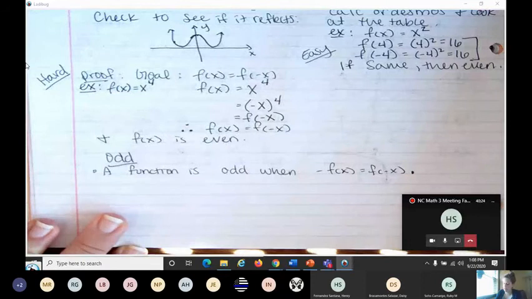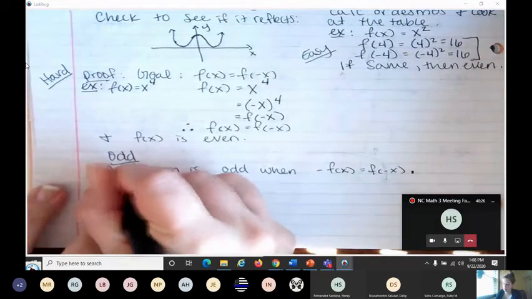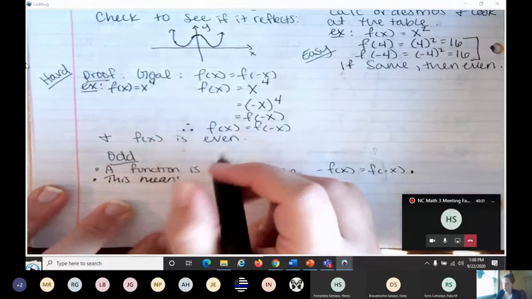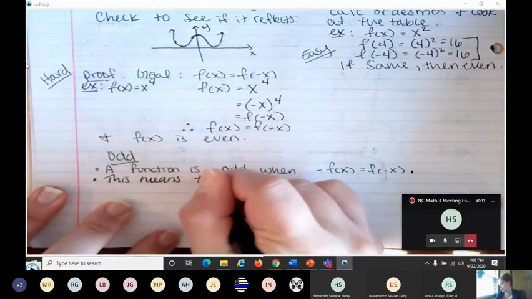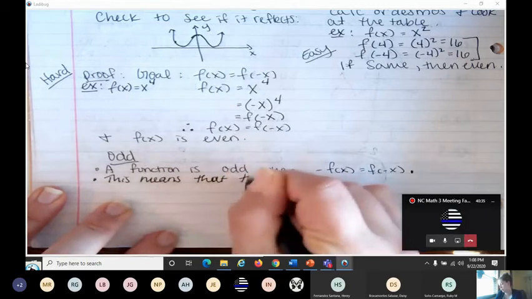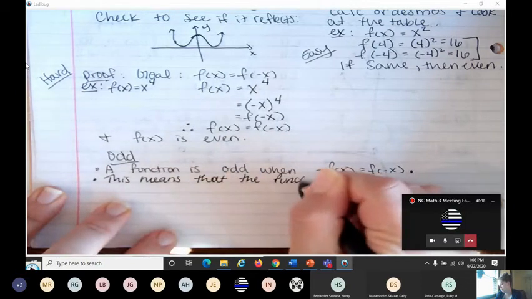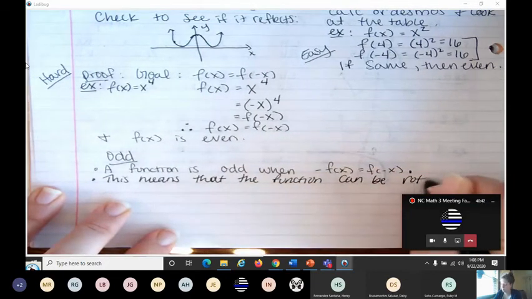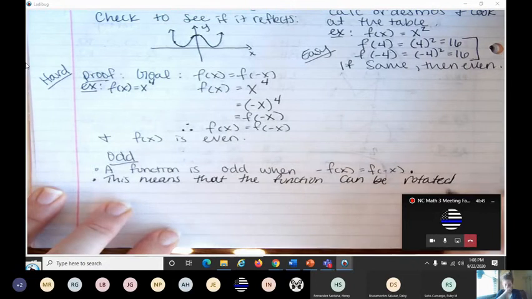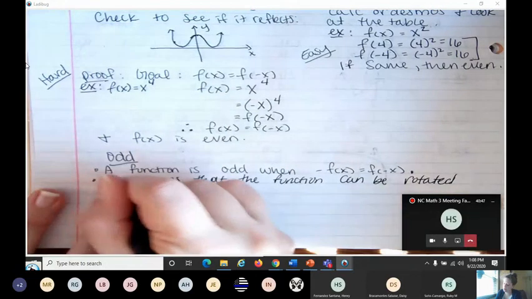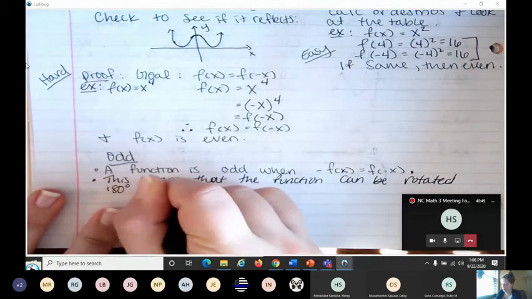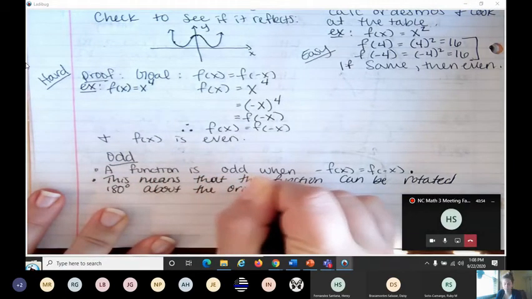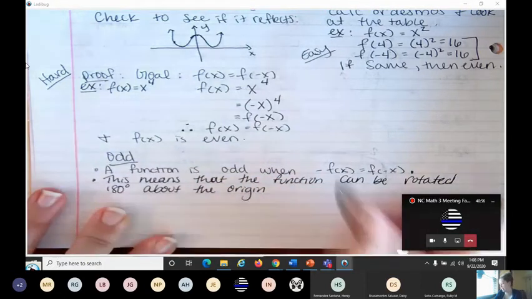And this one means that the function can be rotated 180 degrees about the origin and stay the same.